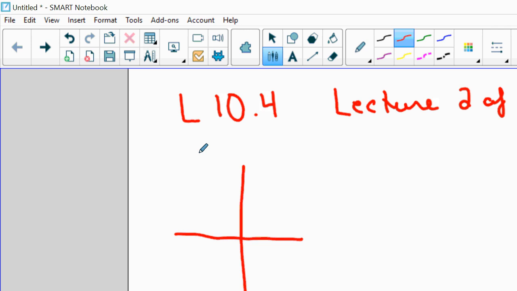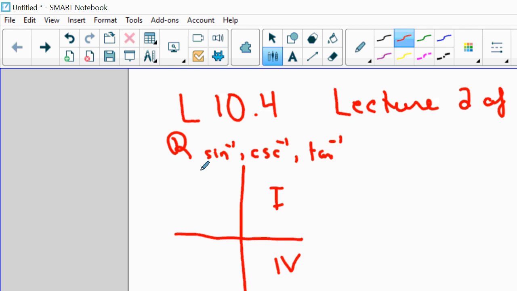The range of sine inverse, cosecant inverse, and tangent inverse lie in the first and the fourth, and these are angles, and they range from negative 90 degrees, negative pi over 2, to 90 degrees, pi over 2.